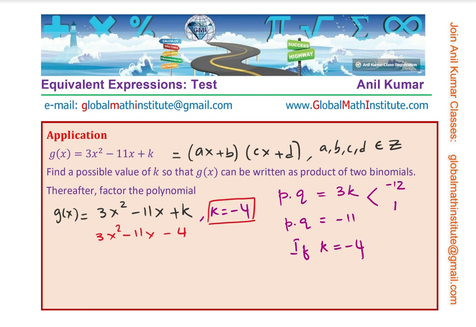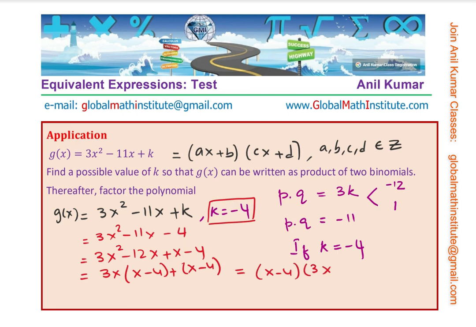So 11 can be written as what? Can be written, as we said, as minus 12x plus x minus 4. And here we can factor out 3x, getting x minus 4. And we already have x minus 4 here. And now that could be written as x minus 4 times 3x plus 1.